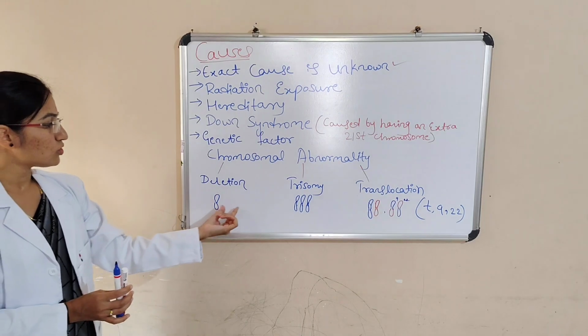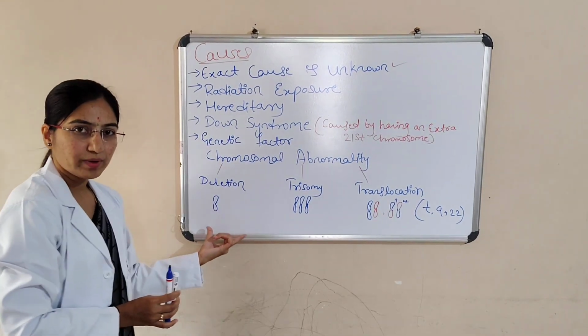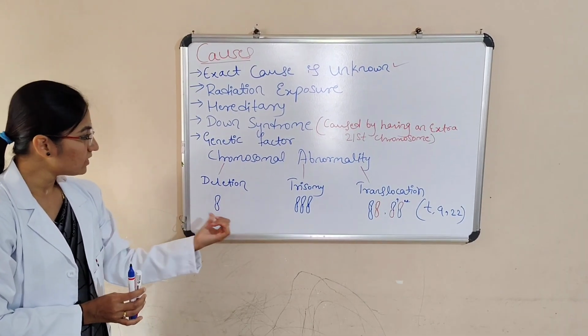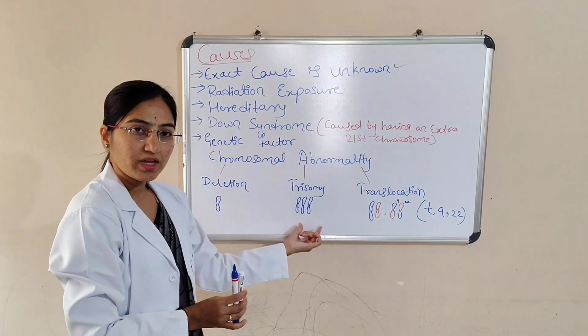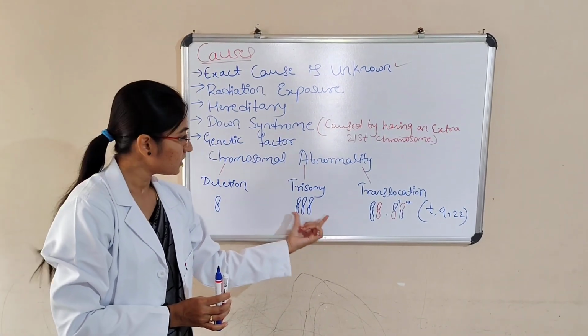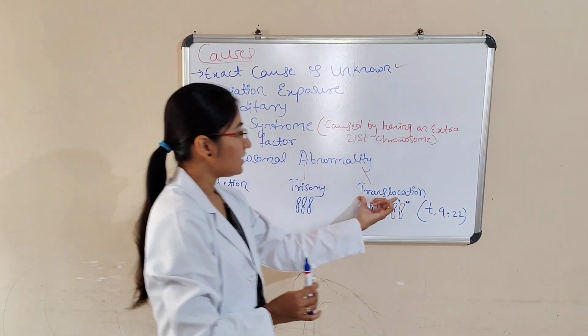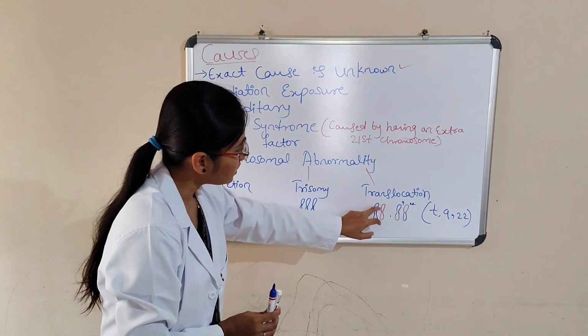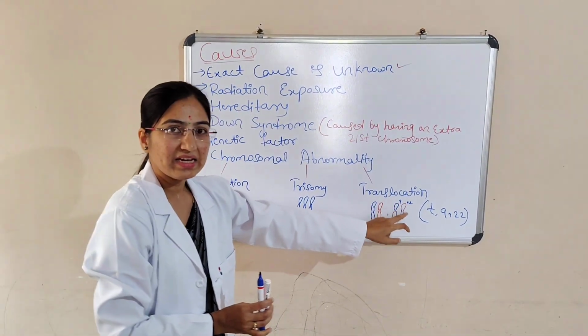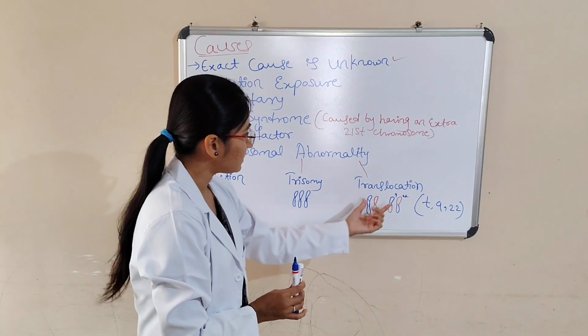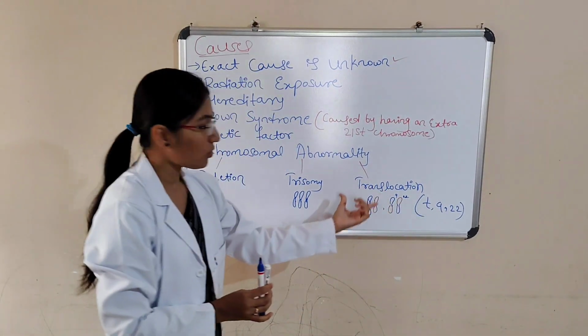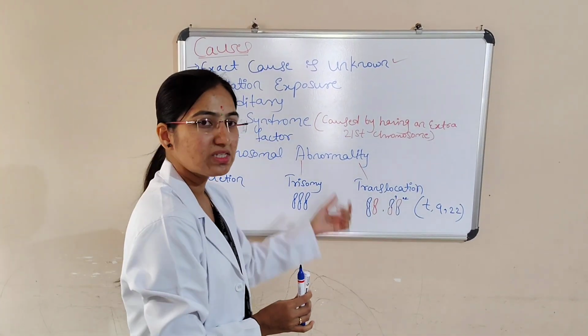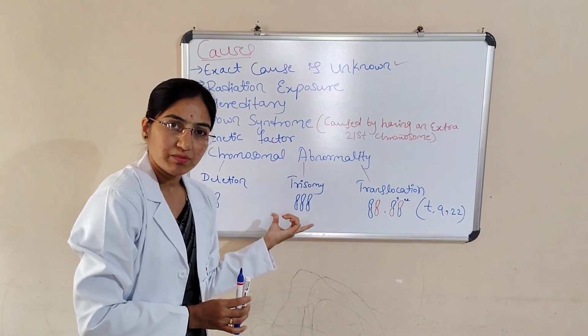Deletion means chromosomes used to be present in pairs, but here one gets deleted. Trisomy means joining one extra chromosome. And translocation is vice versa: this goes here, this comes here. That is the 9 and 22 chromosomes, where translocation takes place. These are some of the causes for leukemia.